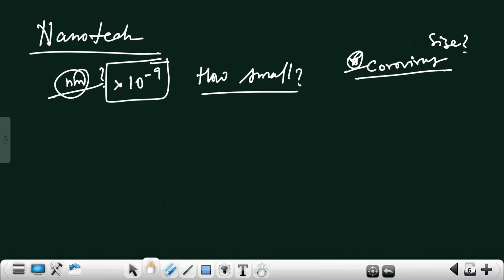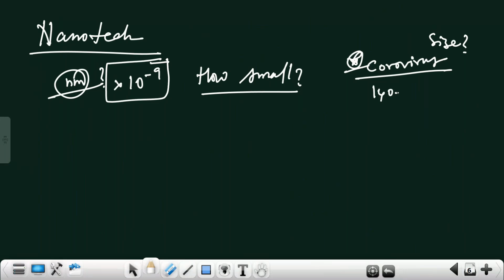Just check in Google or something, right? What is the size? 140 nanometer, right?